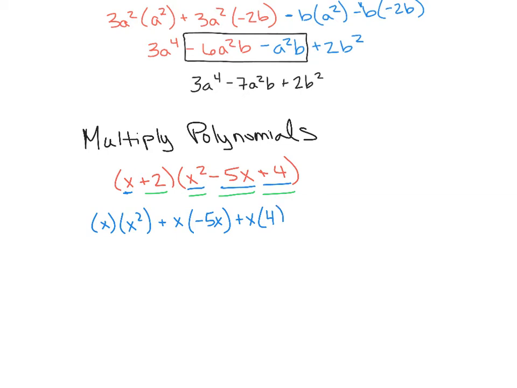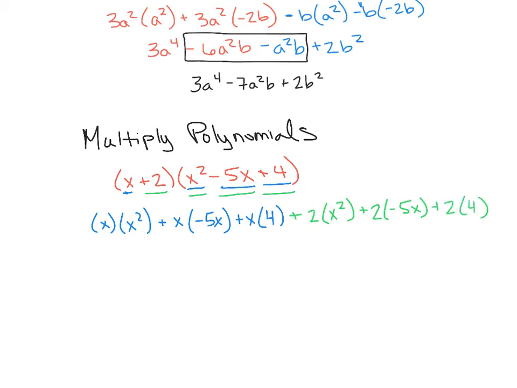We've multiplied our x by every term in the trinomial. Now we multiply our 2 from the binomial by every term in the trinomial: 2 times x squared plus 2 times negative 5x plus 2 times 4.